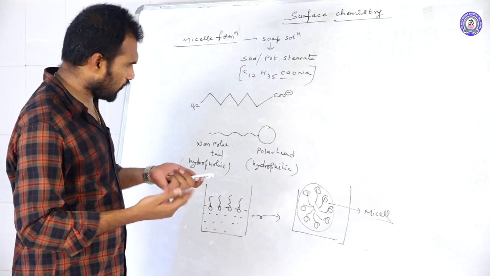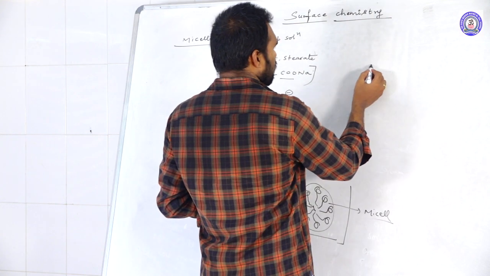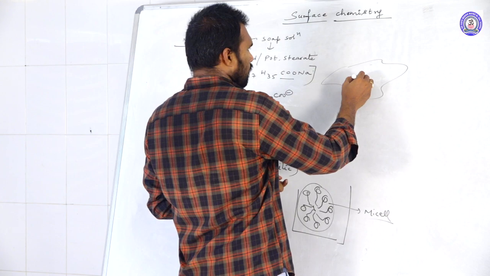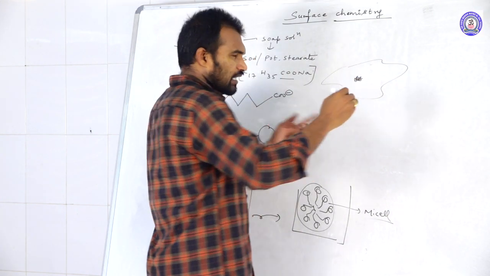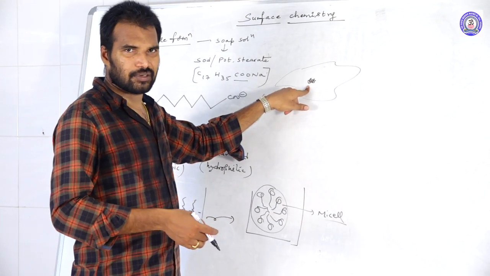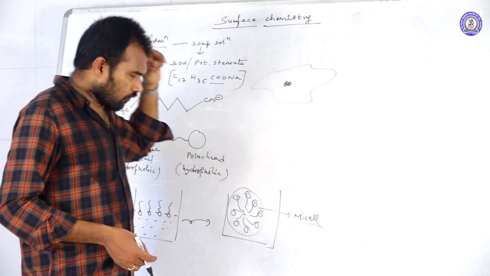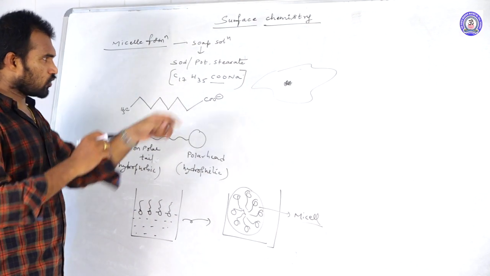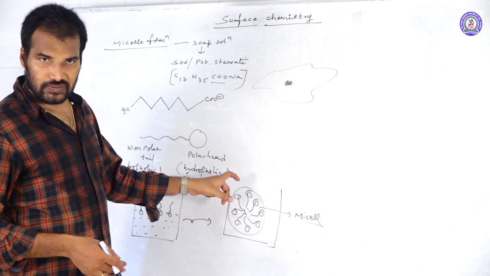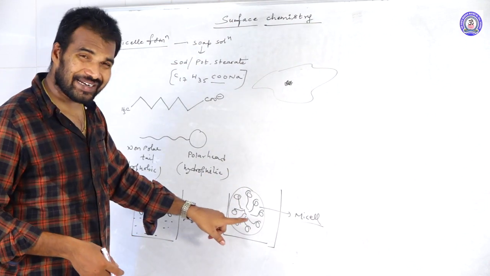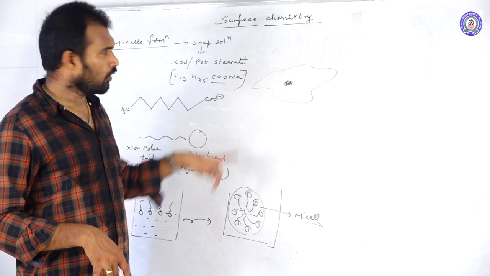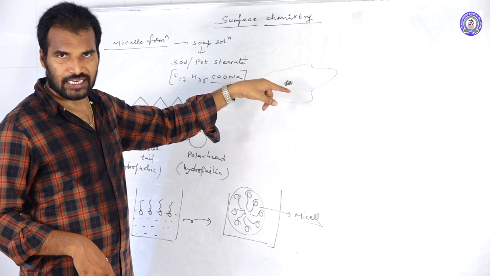And the action of soap: suppose this is a cloth, and there is some dust or grease particle. Grease particles are generally hydrophobic. When you add soap water, the soap molecules will attach. Which part will attach, tail or head? The tail will attach, because tails are hydrophobic, and the grease is also hydrophobic, the same nature.